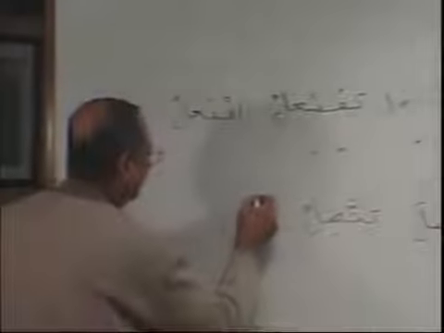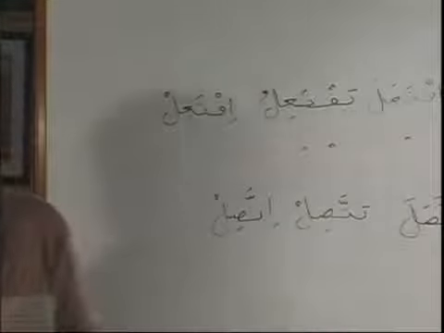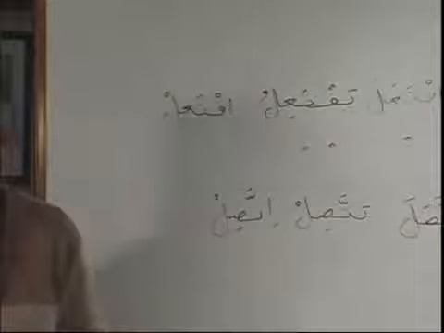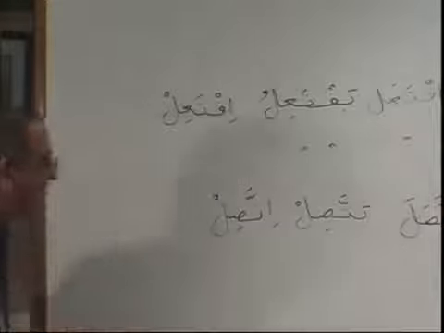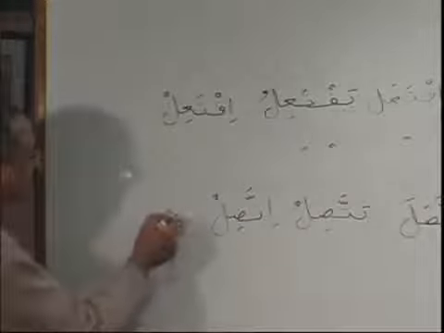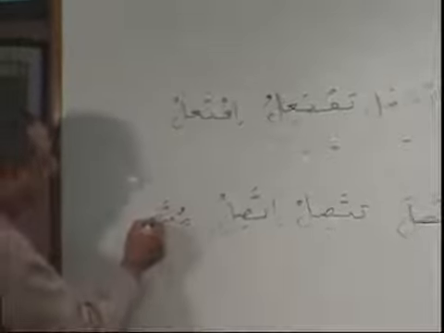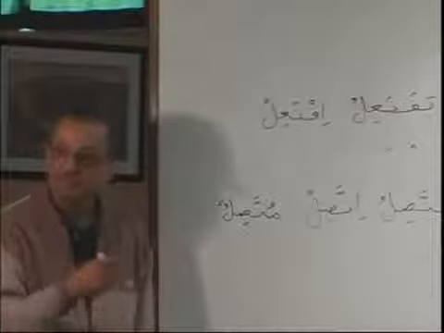Are you with me? And then ism fa'il, damirun. We have been telling you damirun munfasilun. Now damirun muttasilun. Something which is attached, connected. Huh? So brother, muttasilun, ism fa'il. And then muttasalun will be ism maf'ul.